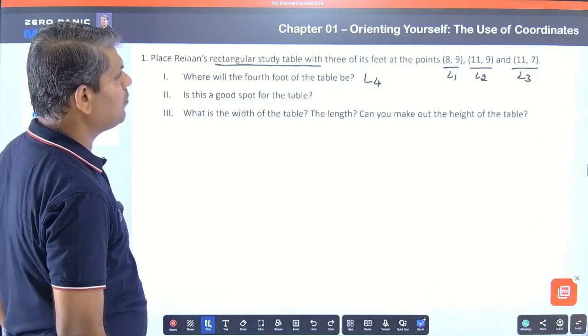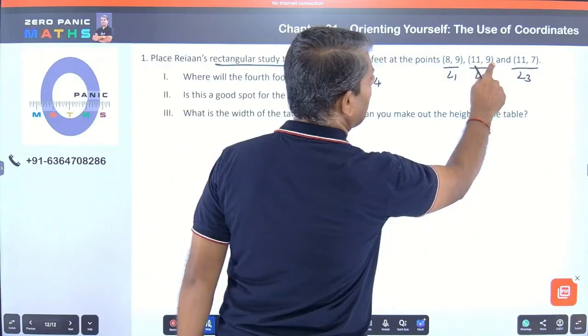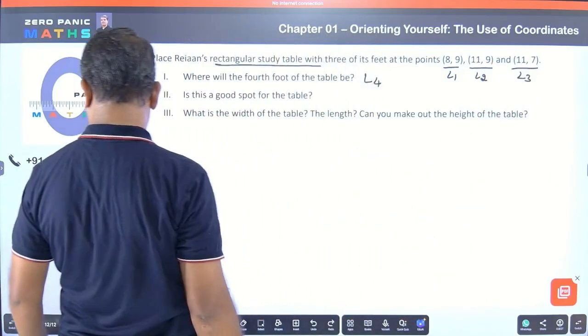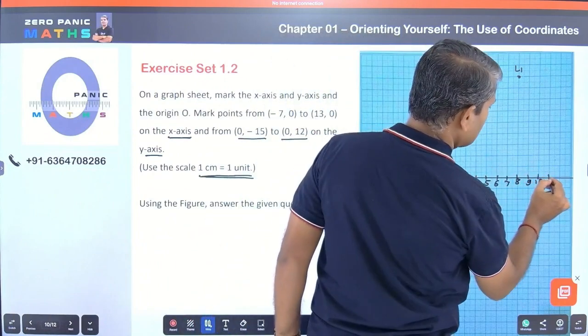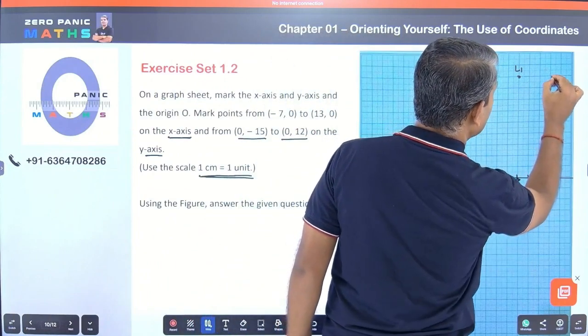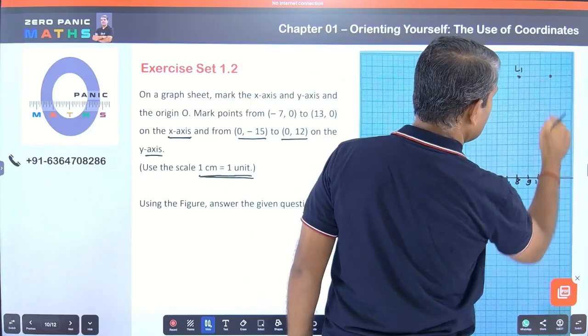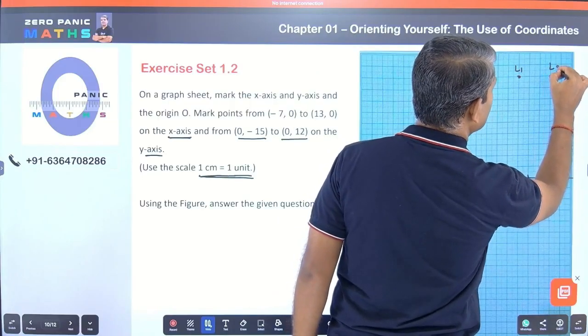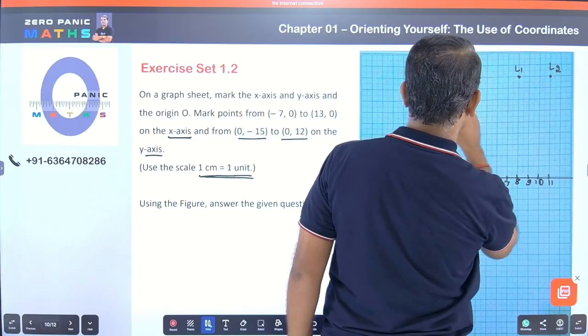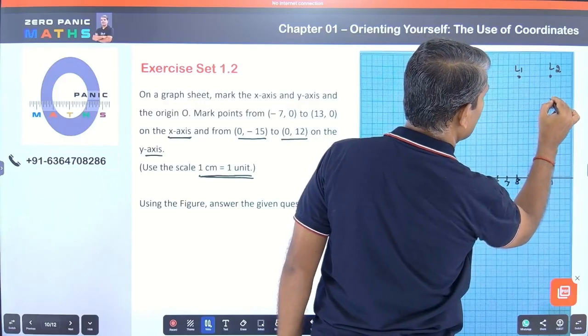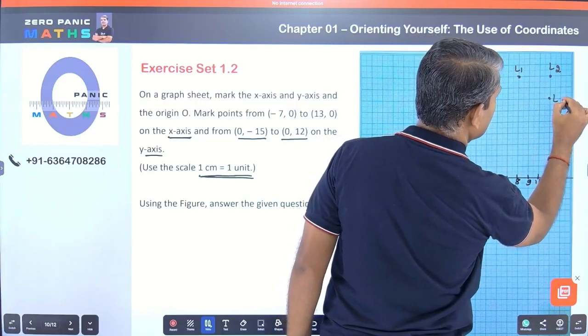What is the second point? The second point is (11, 9) and then (11, 7). Let us represent those also. 11 towards the x-axis and 9, this is L2. Next is (11, 7), 7 towards the y-axis, this is L3.